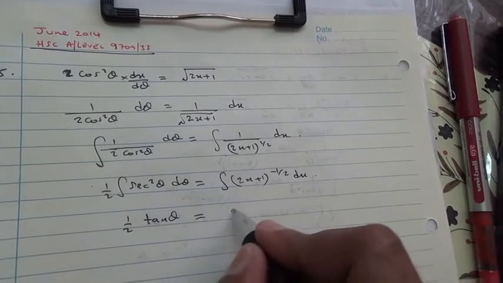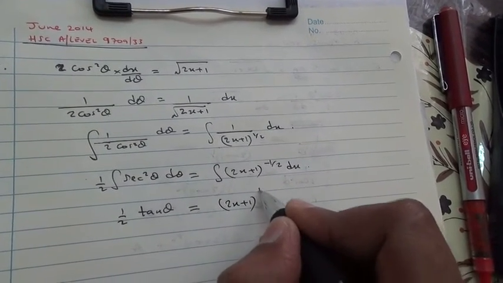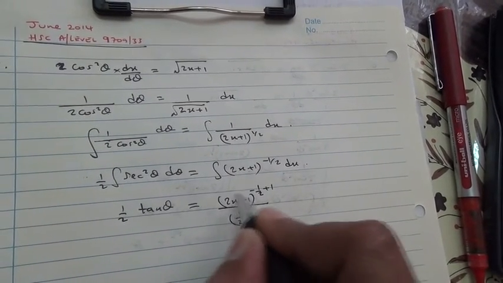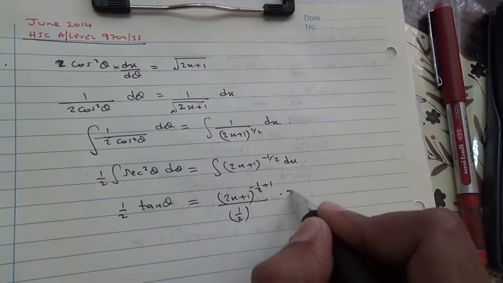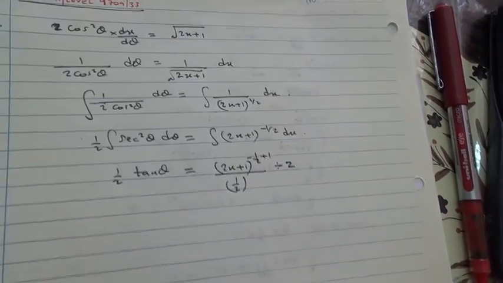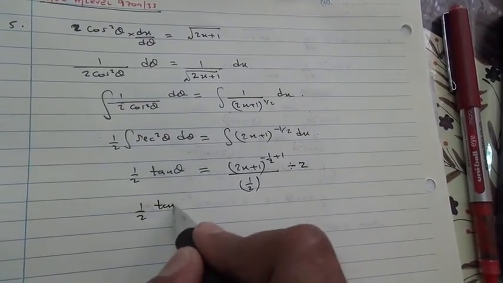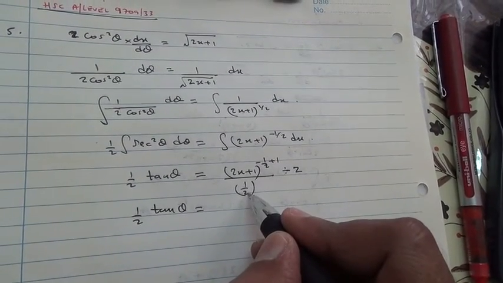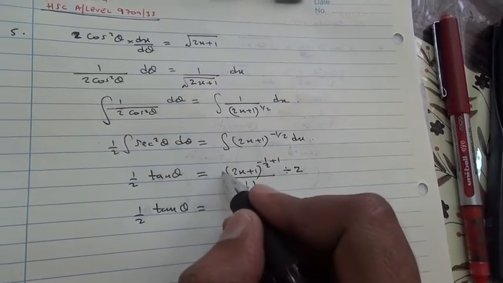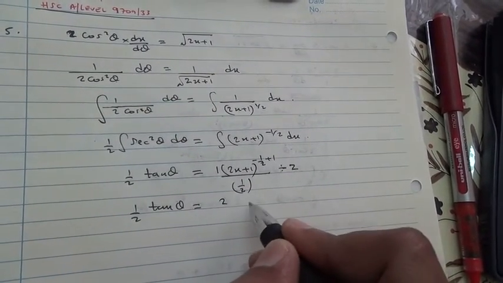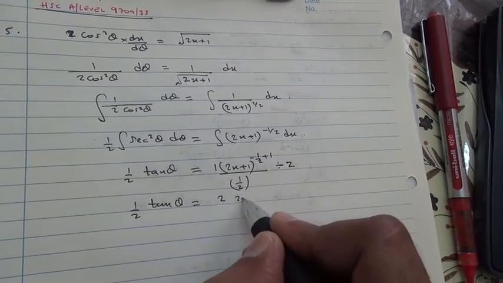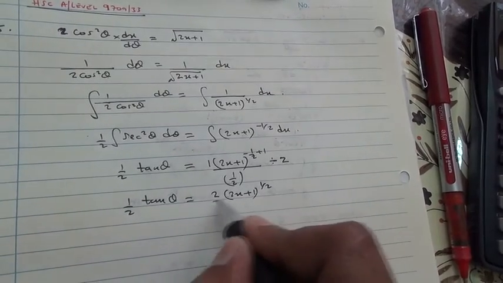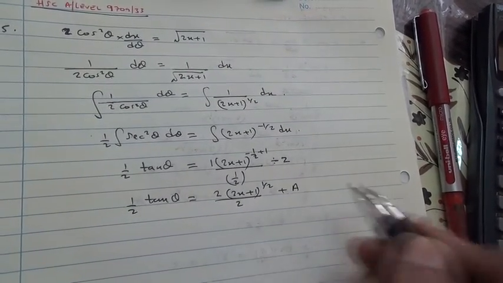So what we're going to do is 2x plus 1 to the power of minus half plus 1, divide by half, and then the derivative of 2x plus 1 is 2, so divide by 2 again. Now, this is half tan theta is equal to, 1 divided by half is 2, and 2x plus 1 to the power of half divided by 2, plus a.